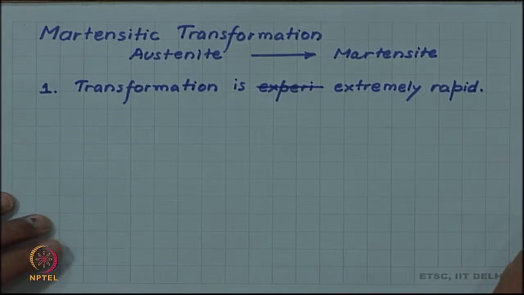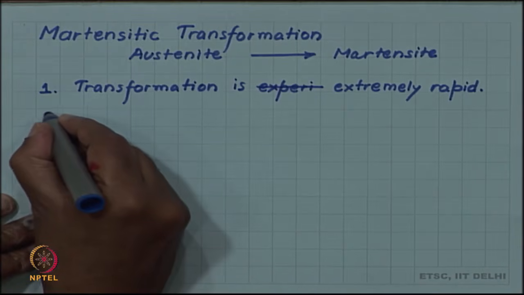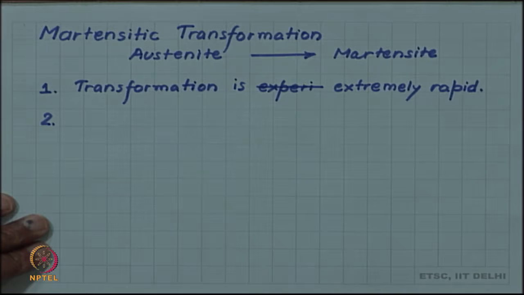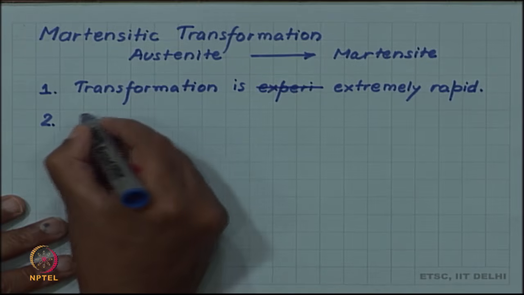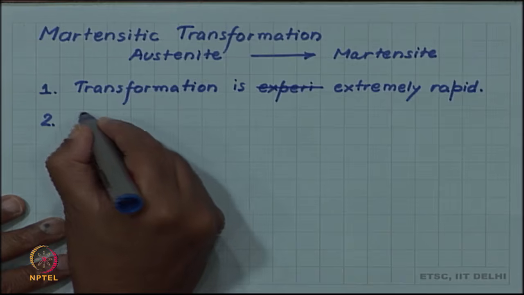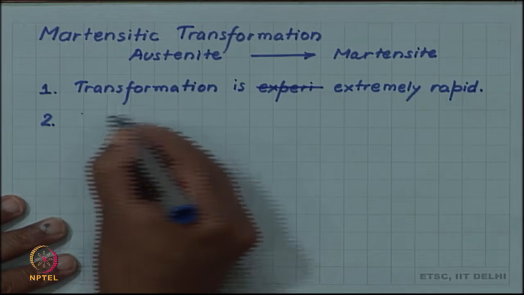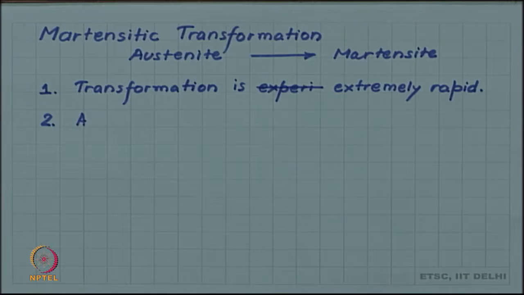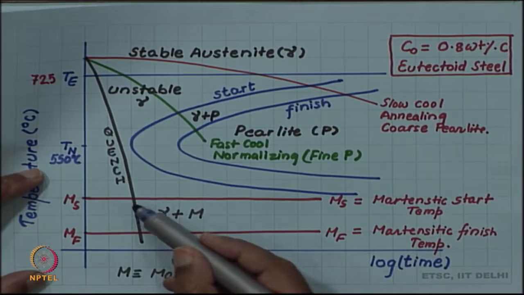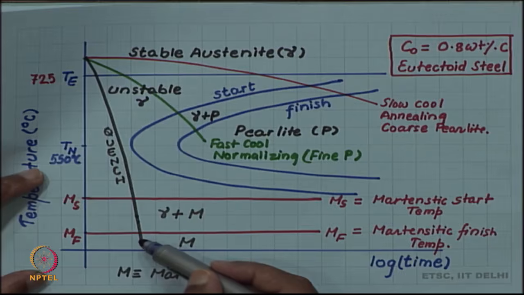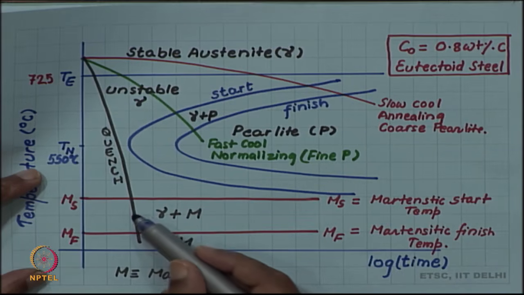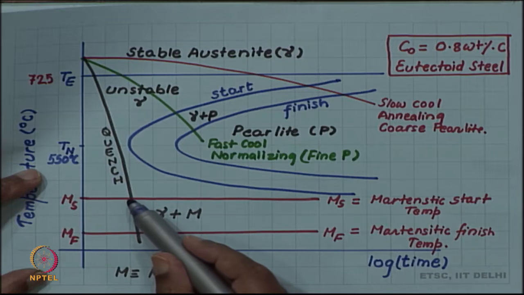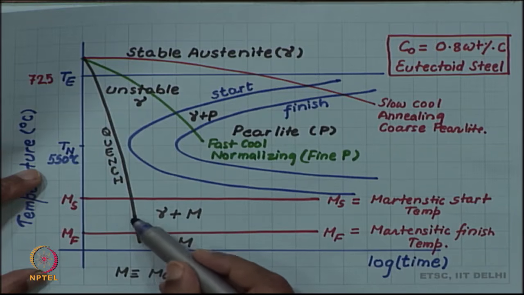And since it completes in no time, we see that the rate of transformation does not depend upon temperature. So, amount transformed, as I indicated to you here, only depends upon the temperature at which you have reached. So, at MS the transformation has just begun, and then gradually it increases, and at MF it completes.